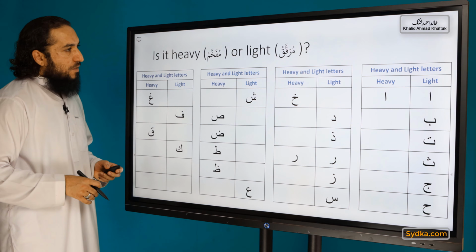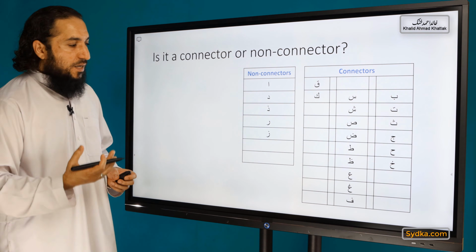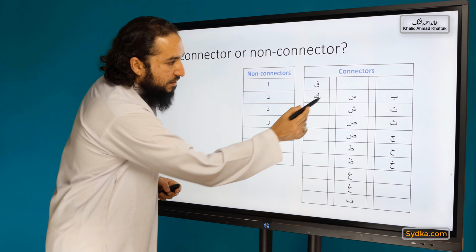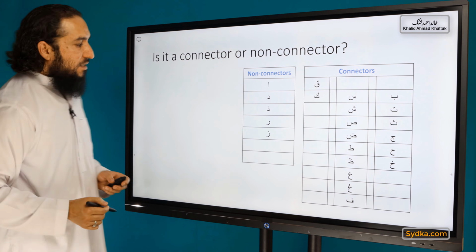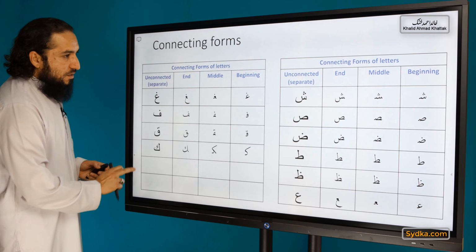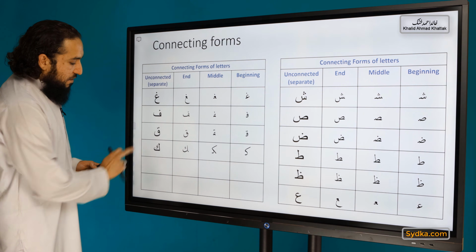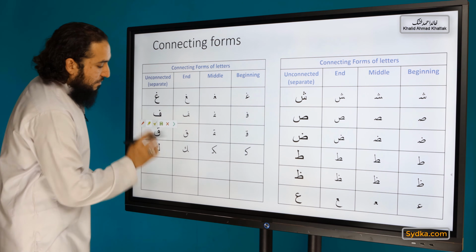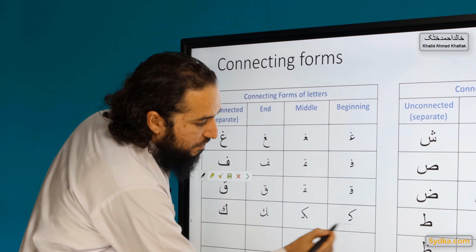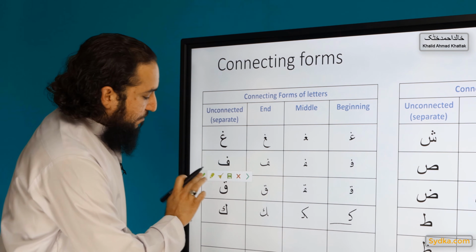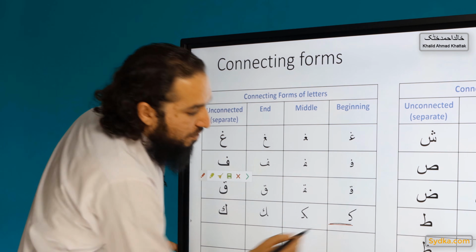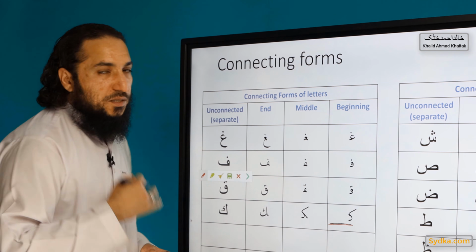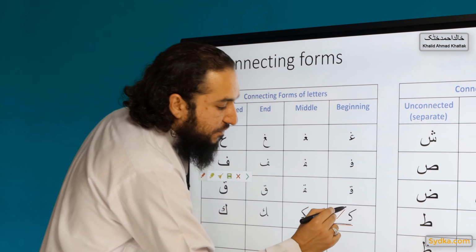Is it a connector or non-connector? It is one of the connector letters, because its connecting forms fulfill the condition of being a connector. If it is at the beginning of a word, you can connect all the letters after it.